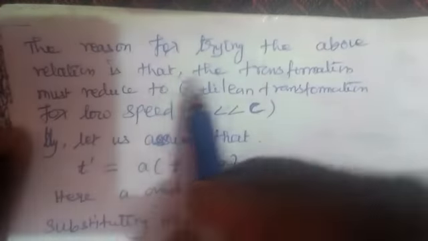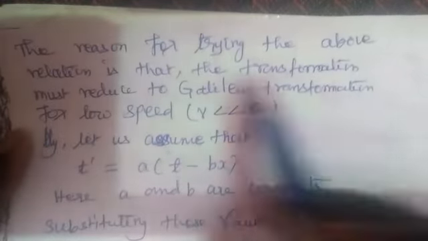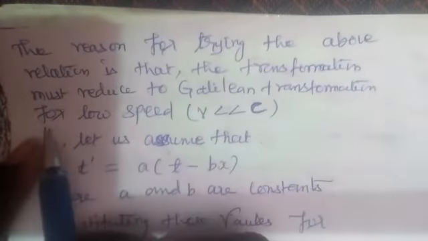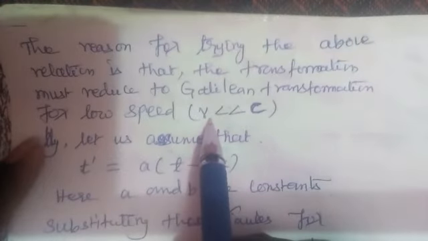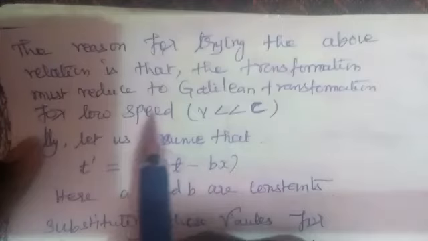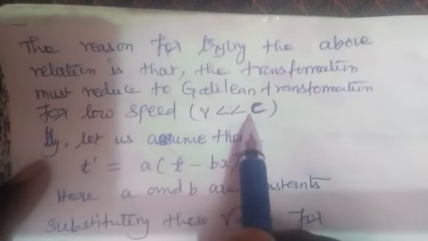The reason for trying the above relation is that the transformation must reduce to the Galilean transformation for low speed, v very much less than c.